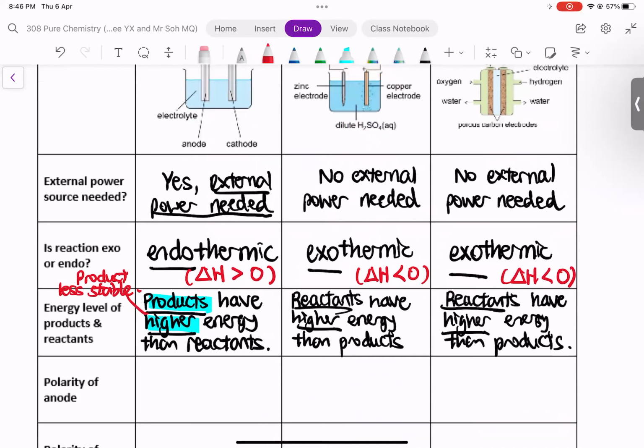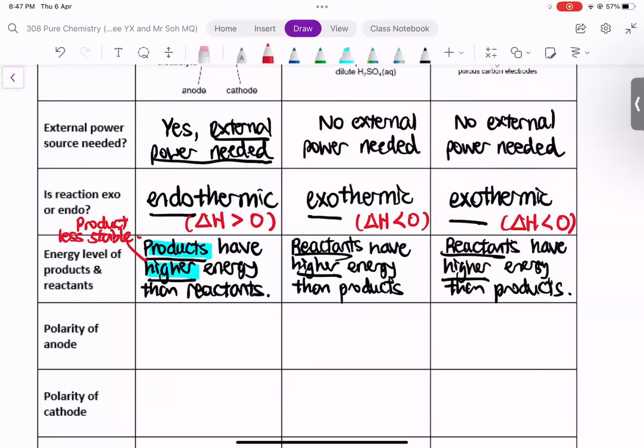Now, moving on to the next two rows, we move away from the energy change. We look at the polarities, the charges of the anode and cathode. And this is where you need to understand the concept quite well. Firstly, we need to know that anode is always oxidation. Regardless of whether it's electrolytic or electric, this doesn't change.